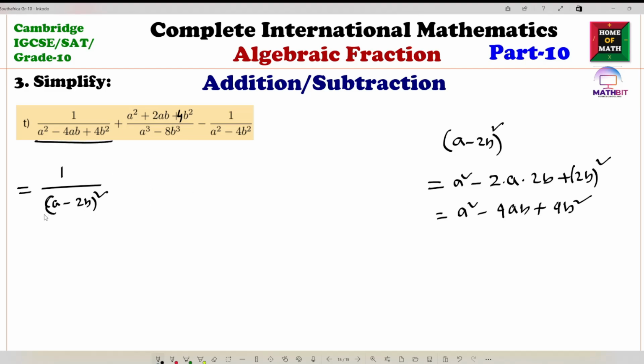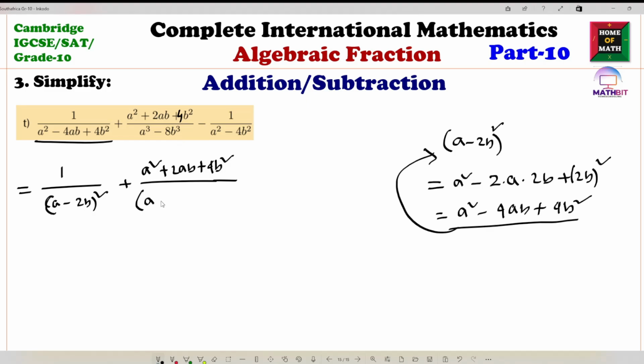So we can write, instead of a square minus 4ab plus 4b square, a minus 2b whole square, plus here is a square plus 2ab plus 4b square, right, and here is a cube minus 8b cube. This one we can write a minus 2b times a square plus 2ab plus 4b square.